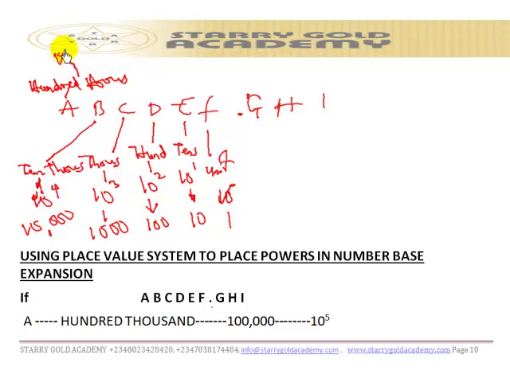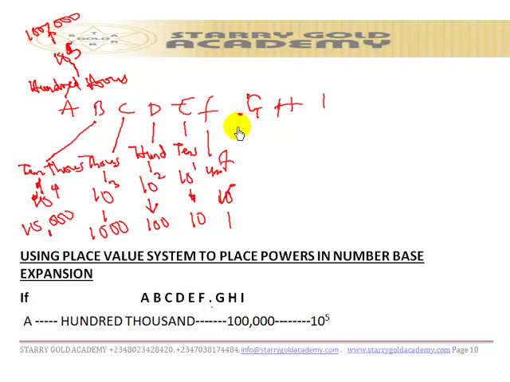That's 10 raised power 5. 10 raised power 5 is 100,000. Now you see. What about numbers after the decimal point?